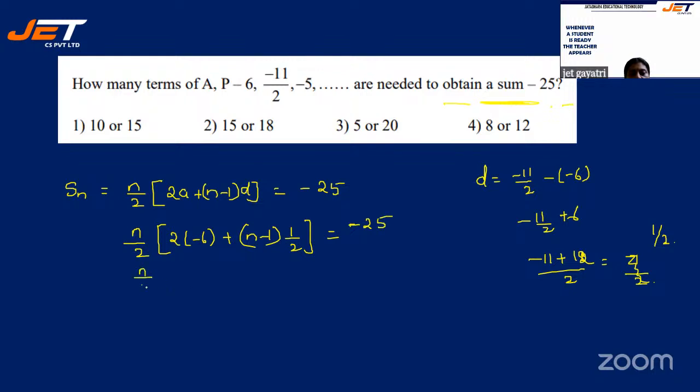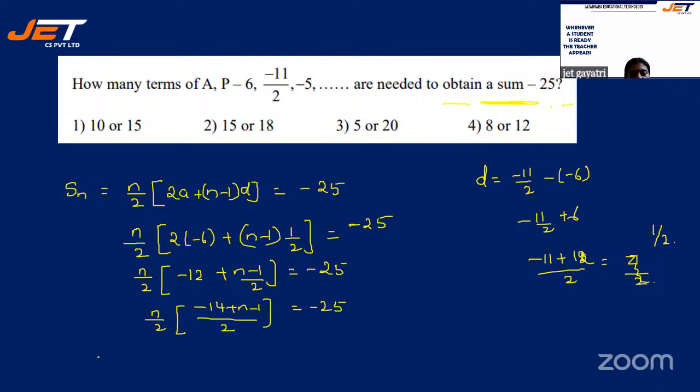So n by 2 into 2 into minus 6, which is minus 12, plus n minus 1 into half, is equal to minus 25. n by 2, let's take LCM common. 12 twos are 24, so minus 24 plus n minus 1 is equal to minus 25.